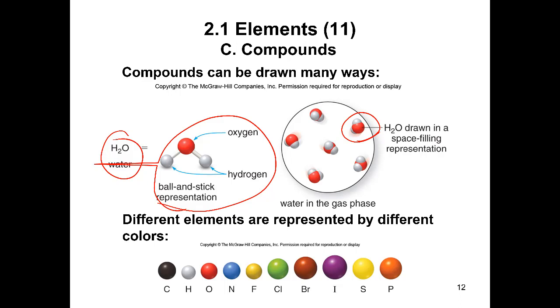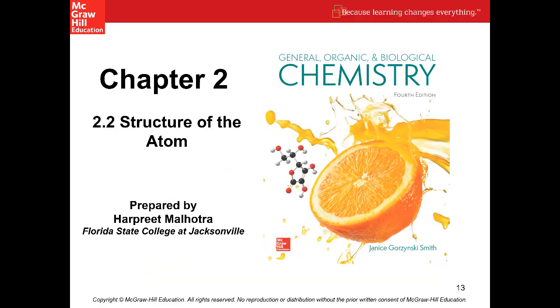Often in these ball and stick or space filling molecules, you'll see atoms designated as different colors. Carbon's almost always black, hydrogen's white, and oxygen's red. Depending on your book, you may have different ones. Our book uses this particular color scheme. So if you see molecules put together like that, you're going to see them with those different colors.